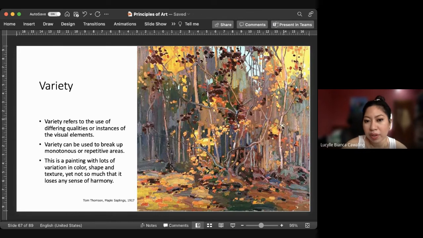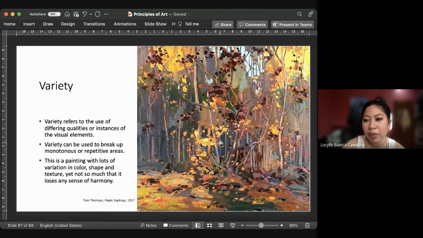For example, this painting here by Tom Thomson, The Maple Saplings in 1917, there is a variation of different colors from reddish brown to yellow and green. And then you also have blue here.